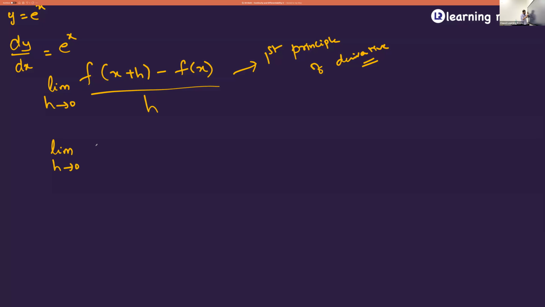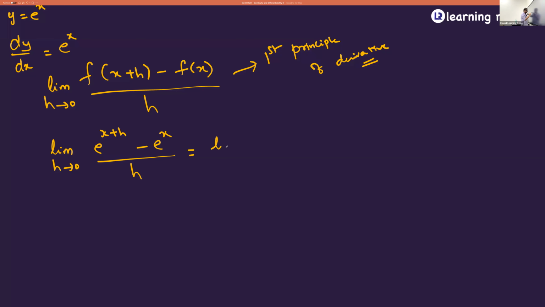So limit h tends to 0, e power x plus h minus e power x, the whole divided by h. Is that point clear? So e power x plus h, how can you write it? e power x into e power h. So what will be common among both?